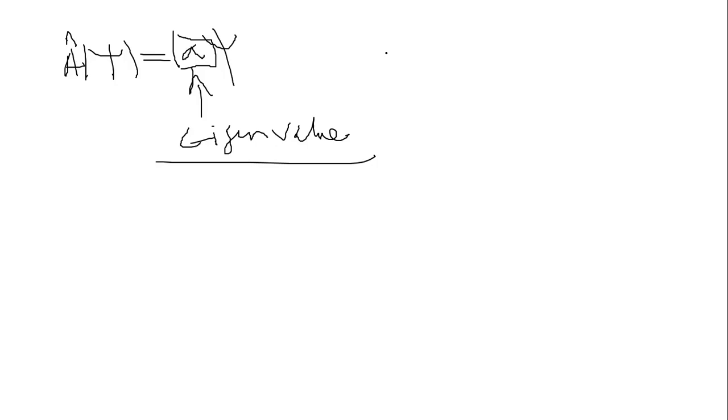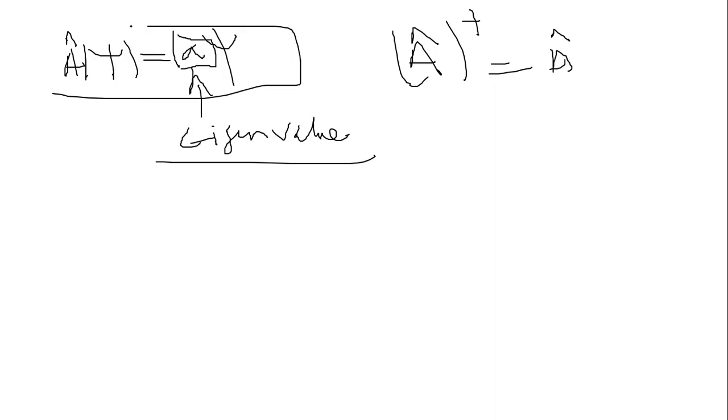There are different types of operators, linear operators, and other operators which are called Hermitian operators. For Hermitian operators, the complex conjugate, that is the dagger, A dagger equals A. In that case, the eigenvalue equation is A psi equal to a psi.